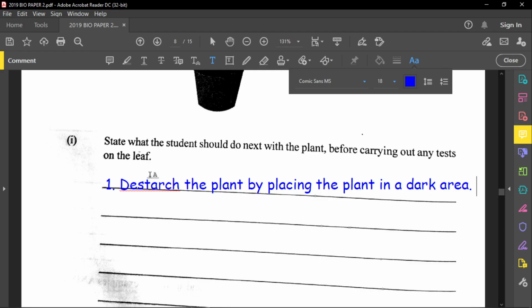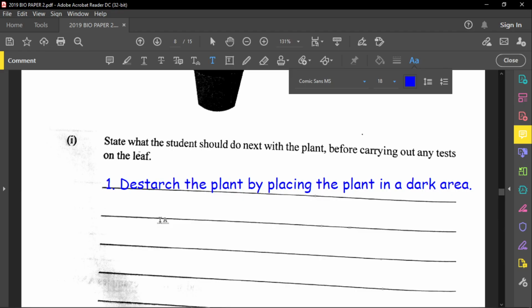Because if a plant is in a dark area, the plant will no longer photosynthesize, and instead the plant will use up the stored carbohydrate to make energy by respiration. So photosynthesis will decrease and respiration will increase. So the starch that was stored will eventually be used up in the leaf particularly, not in the roots and so on, but in the leaves.